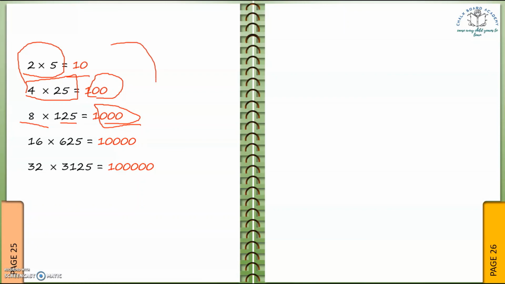So we can either form this relation, or we can simply learn this as well. Like 8 into 125 is equal to 1000. It's not a very big deal. 16 into 625 is 10,000. Or we can simply know this by the trick I have told you, that it depends on the number of 2s and the number of 5s we are using.